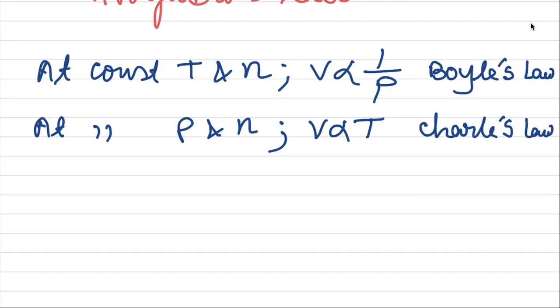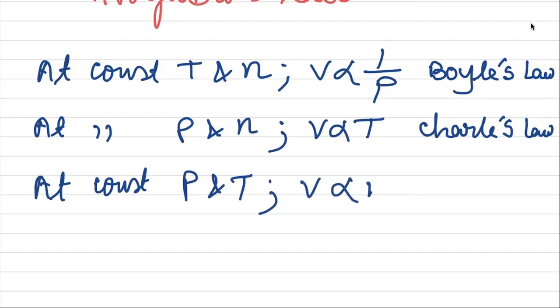You also write with me, so it will be easy for you to understand. And at constant pressure and temperature, V is proportional to n. It is known as Avogadro's law.